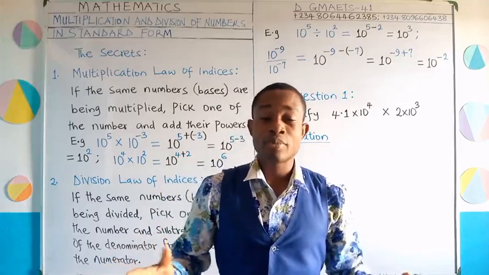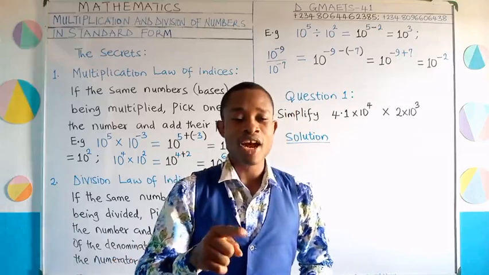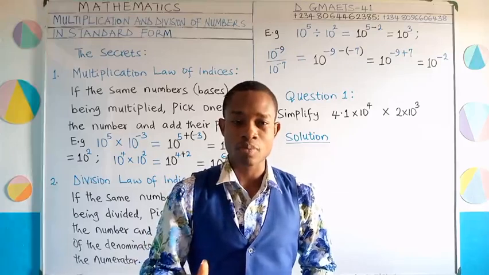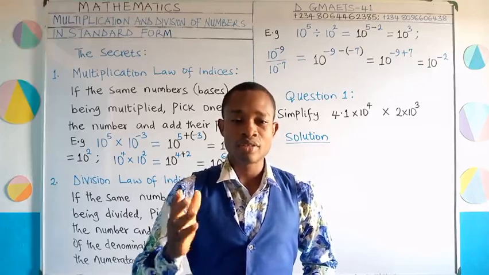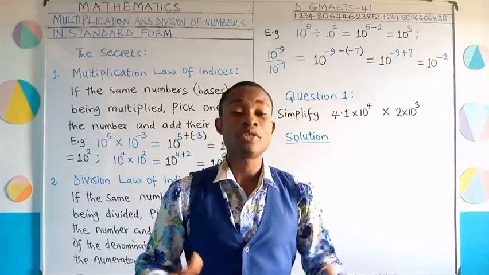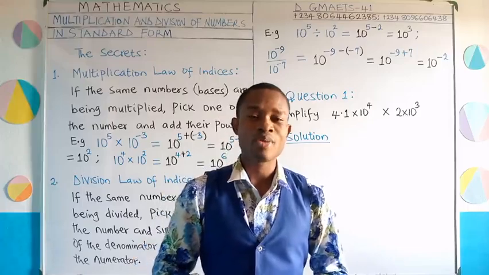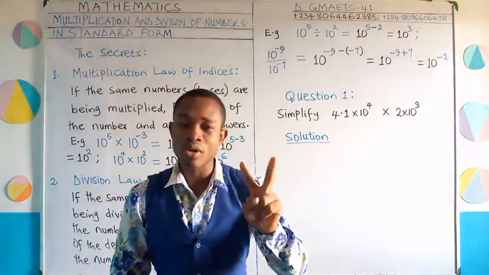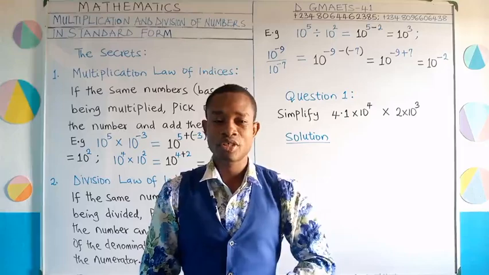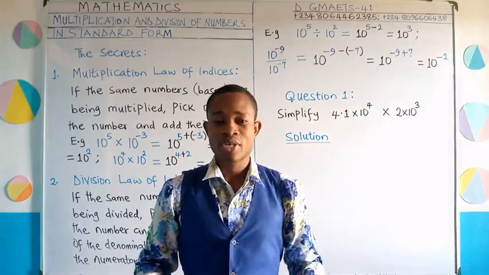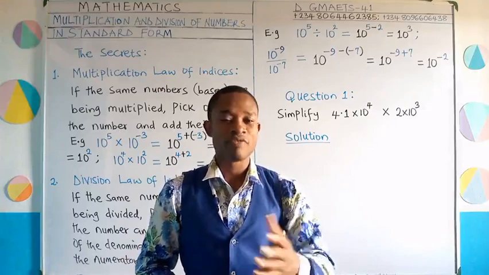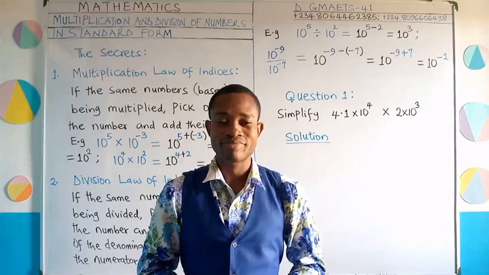In our class today, I'll be teaching you another arithmetic operation on standard forms, how to multiply and divide numbers in their standard forms. So how do you do that? Today, I'll be introducing just two laws of indices to you, which are going to guide us on how to carry out multiplication and division of numbers in standard form.